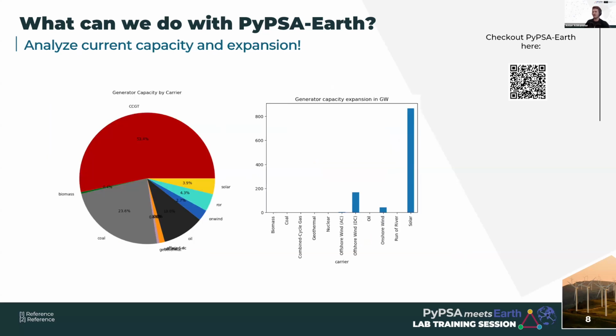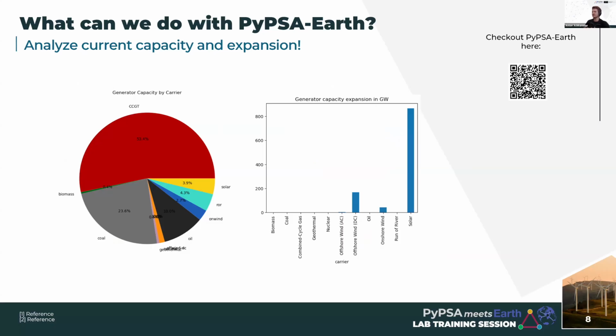You can then also analyze the current capacity, as we already have seen in the map. The energy system of the continent of Africa is mainly gas-based, also a lot of coal in South Africa. And apart from that, also some renewables with run-of-river, wind and solar.